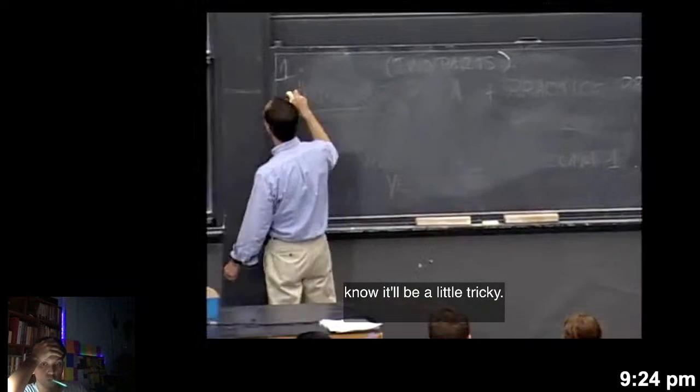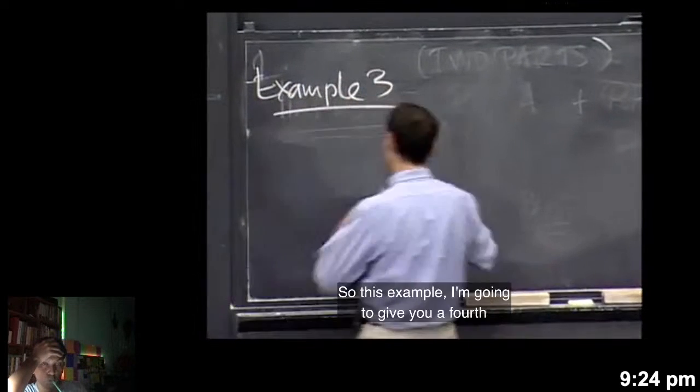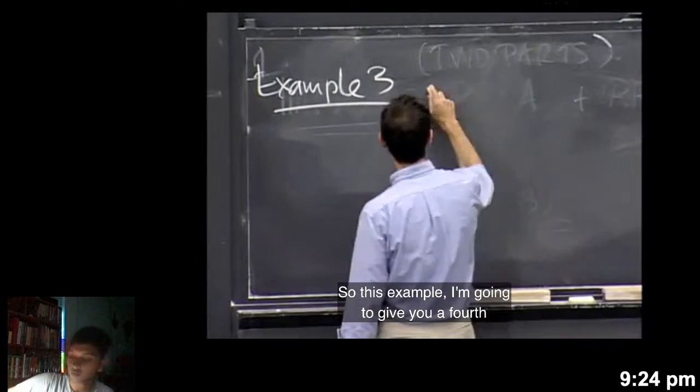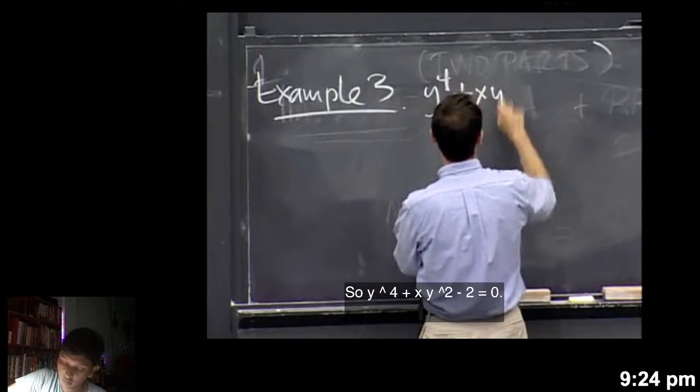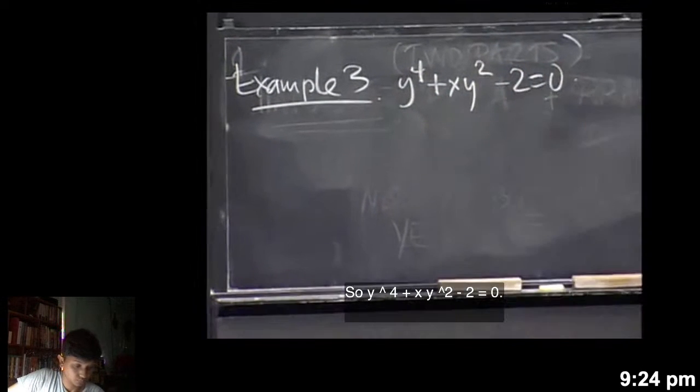So in this example, I'm going to give you a fourth order equation. So y to the fourth plus xy squared minus 2 is equal to 0. Right?